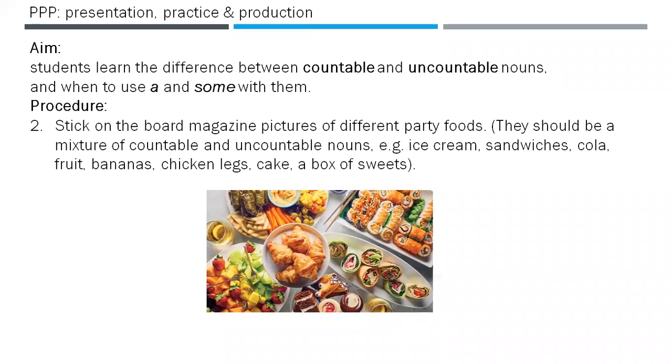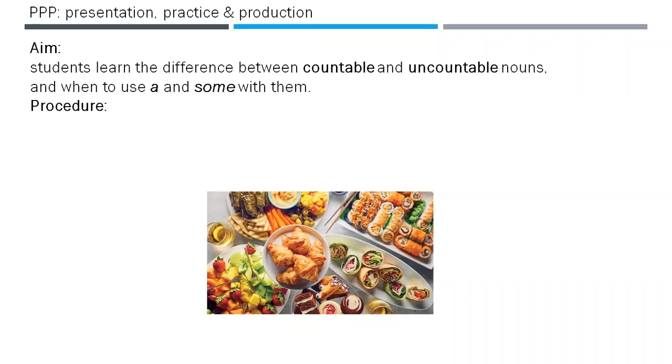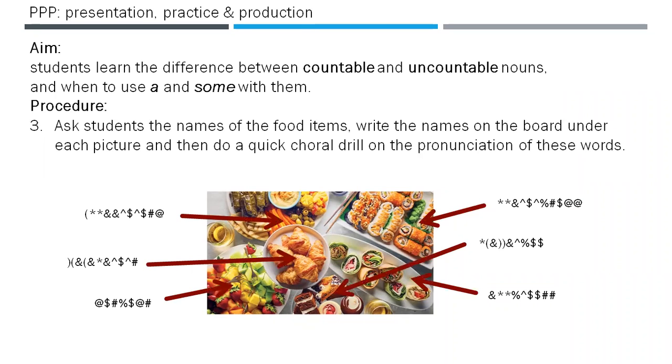For example, ice cream, sandwiches, cola, fruit, bananas, chicken legs, cake, a box of sweets, whatever. Then you ask students the names of the food items and write the names on the board under each picture, and then do a quick choral drill on the pronunciation of these words.